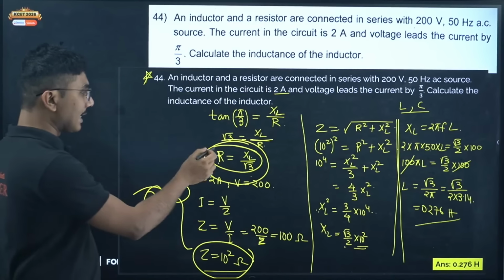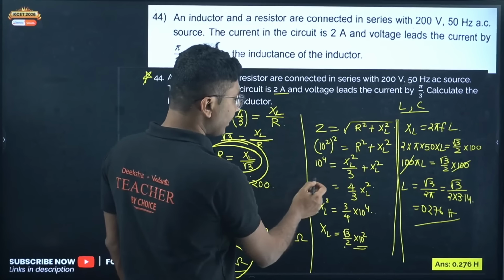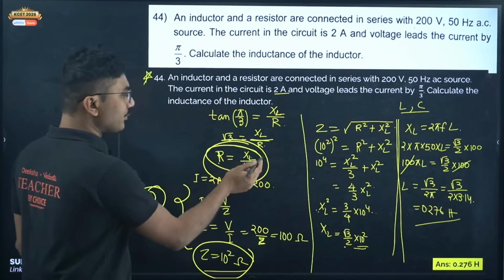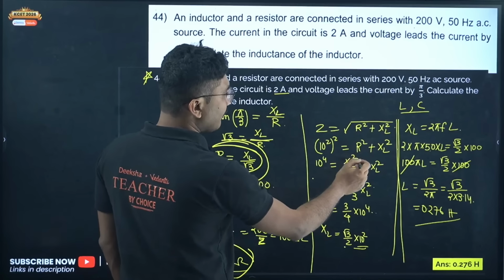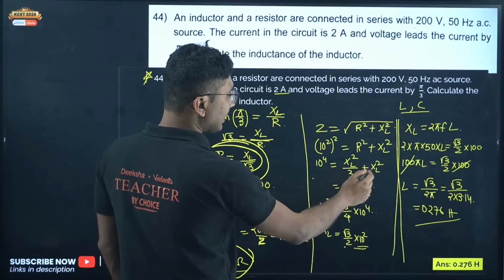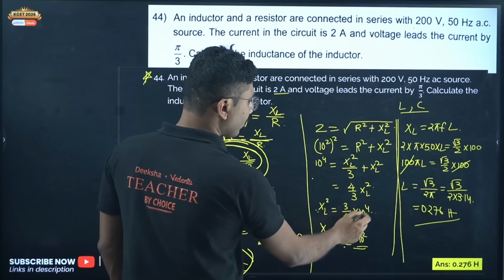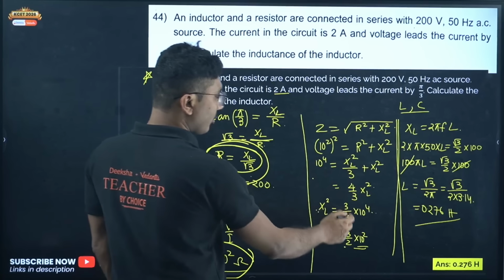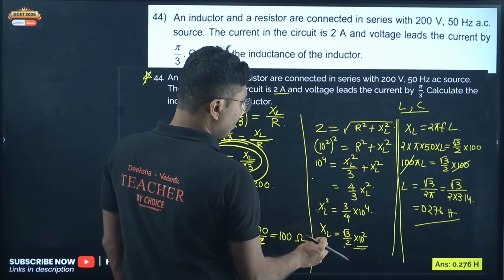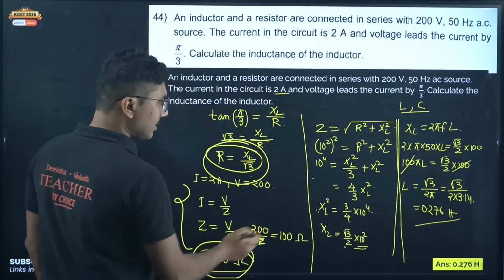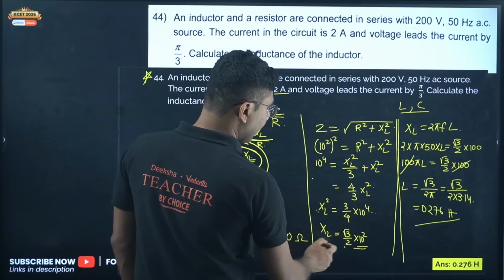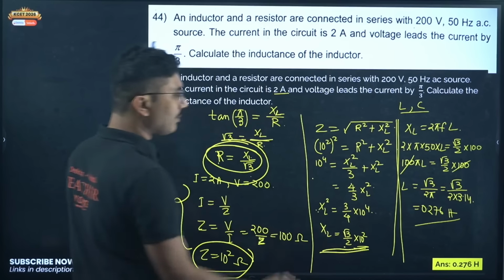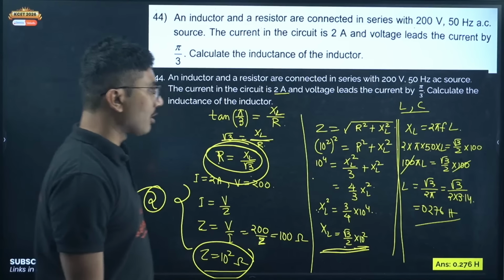This R and XL you substitute over here. You substitute this value of R over here and then you get the value of XL. So XL will be 3/4 into 10 to the power of 4. Let me check once. Yes, 10 to the power of 4. And you get XL to be root 3 by 2 into 10 to the power of 2.